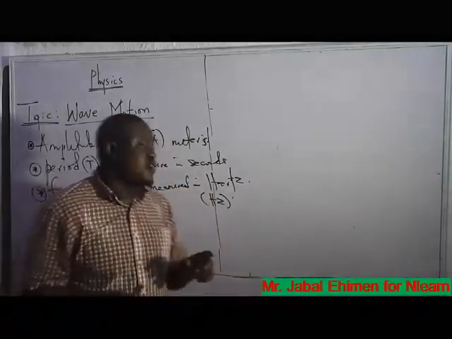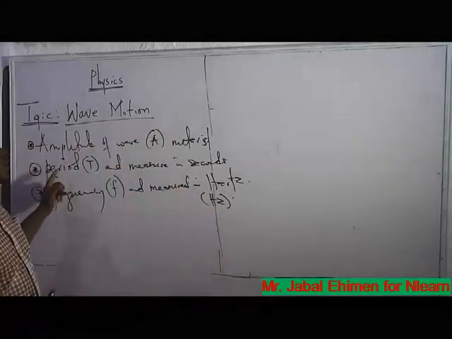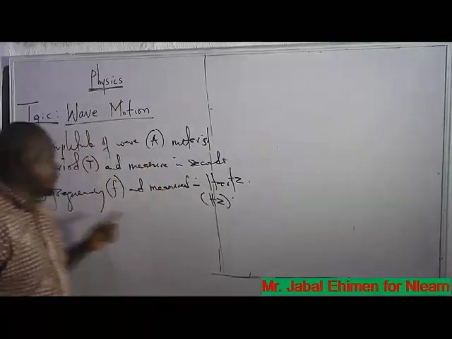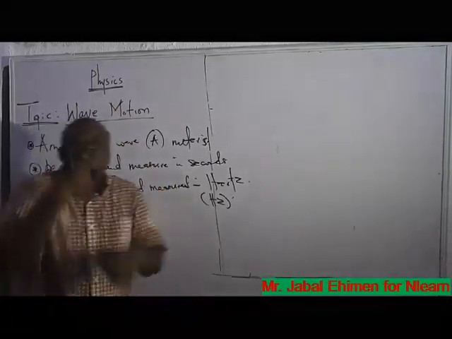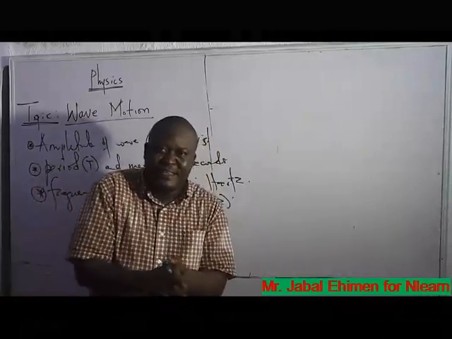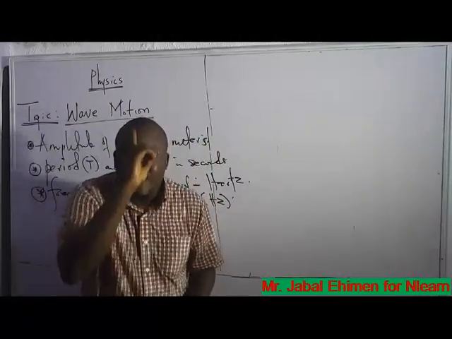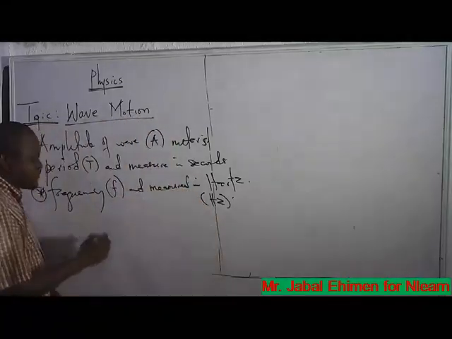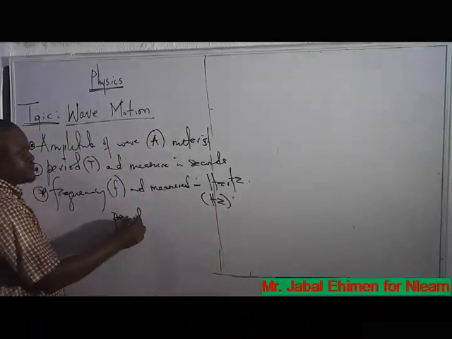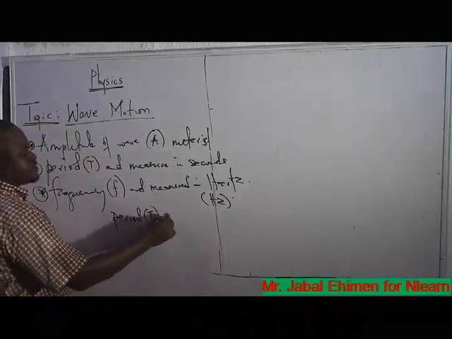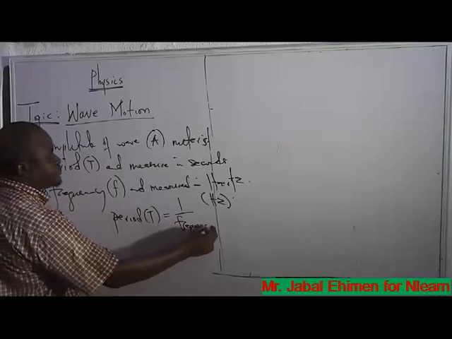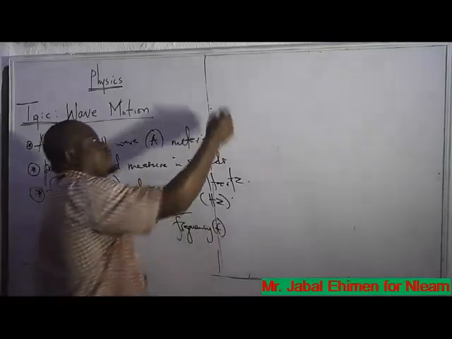Period was the time taken to complete 1 cycle. But frequency is the number of cycles you have completed in 1 second. So because of that, you will now say that period T is equal to 1 over frequency F. So there's a formula that relates them.